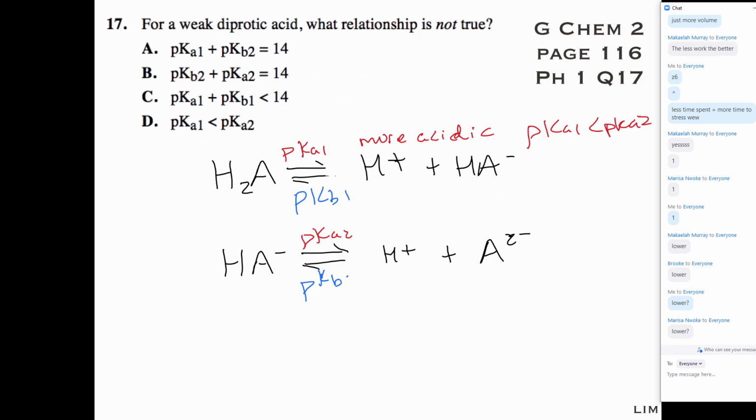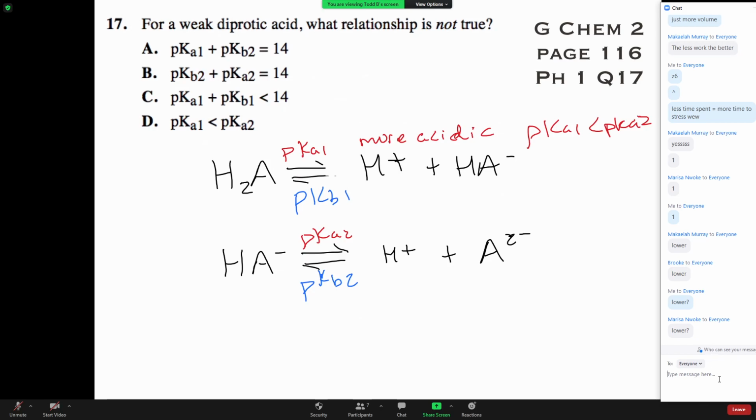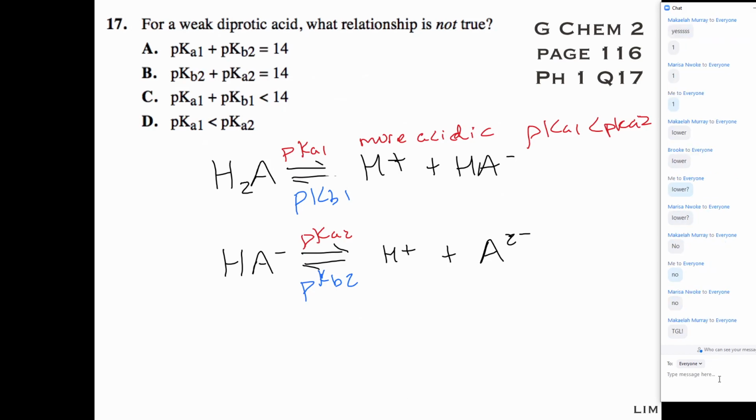I'm going to call that 1 and 2. Have I gotten those correctly labeled? Yes or no? Nope, Todd's going to lie. They are not named for their corresponding pair. They're named for sequence. Which is the first proton to come back on, the lower one or the upper one? Lower one. So going backwards, the first one coming back on is pKb1.